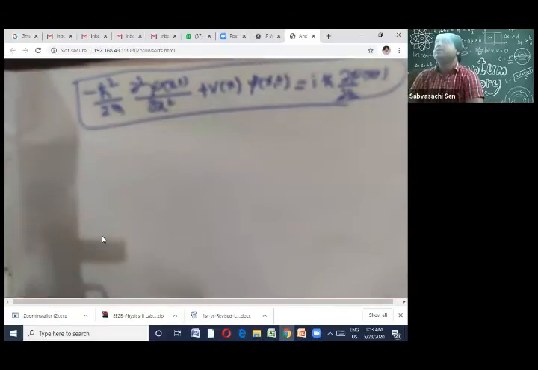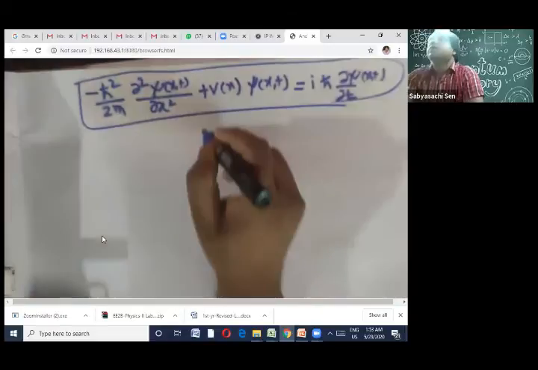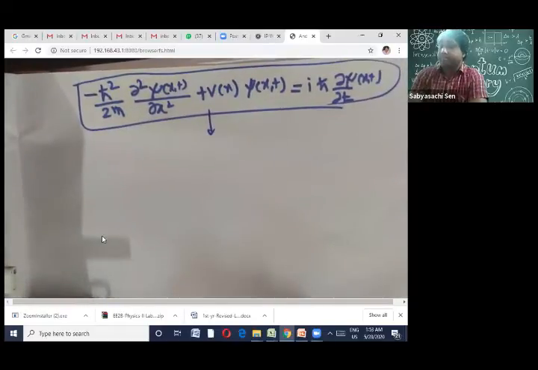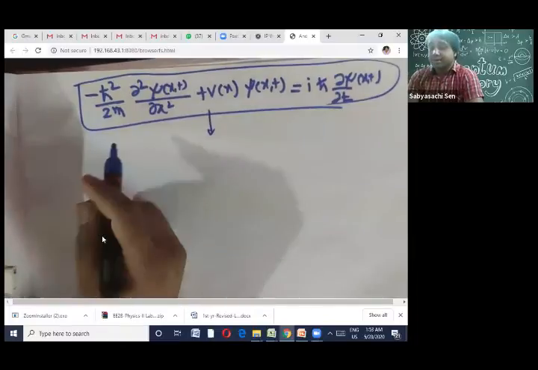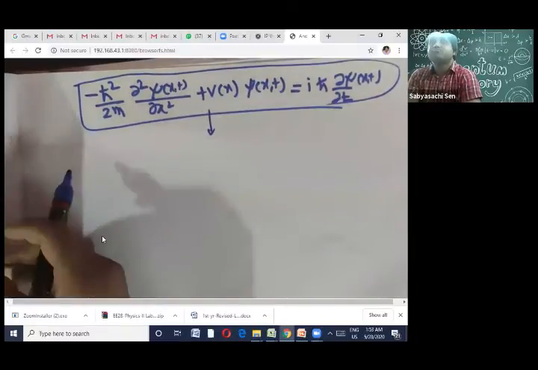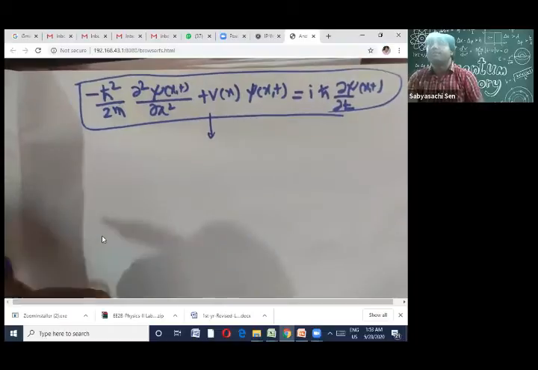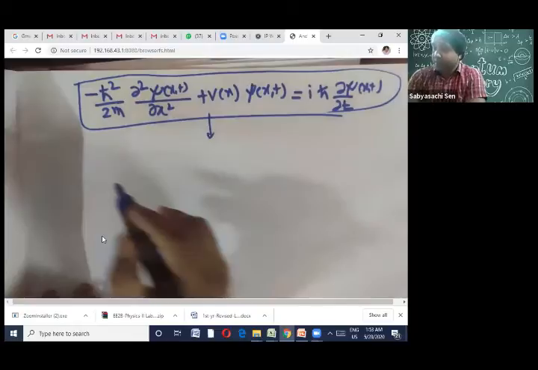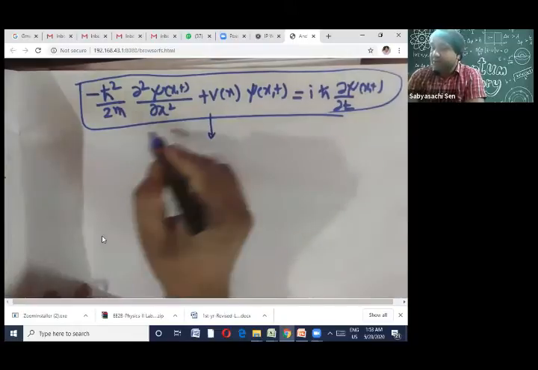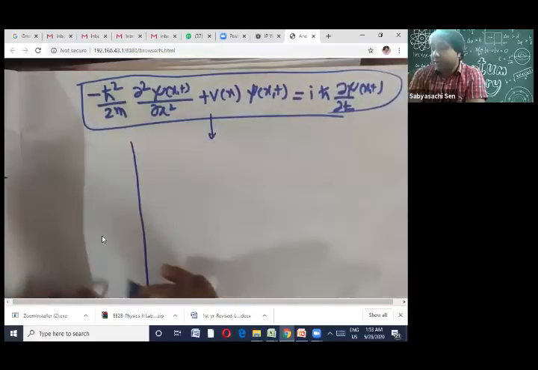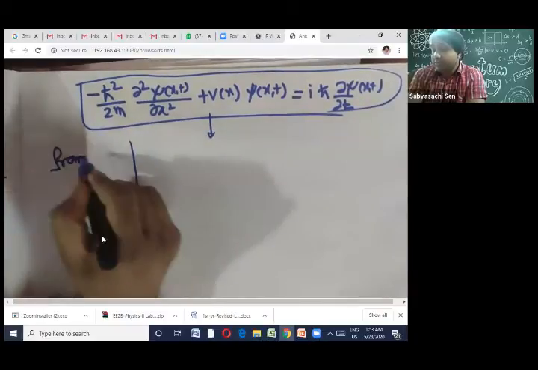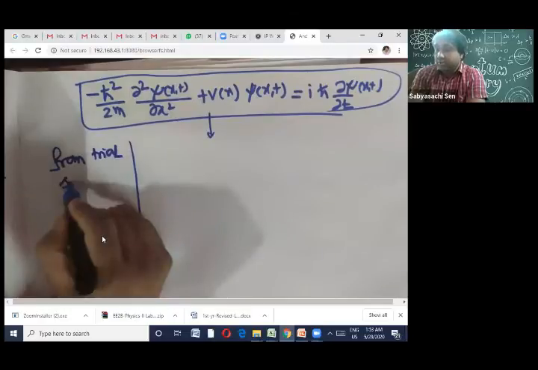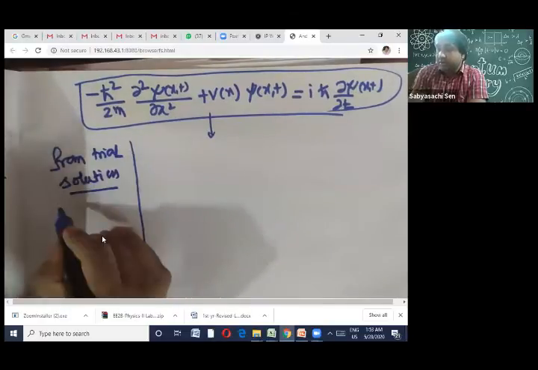I hope you can see it properly. So if you start from this side, from the trial solution, you already have this one. This was the trial solution.